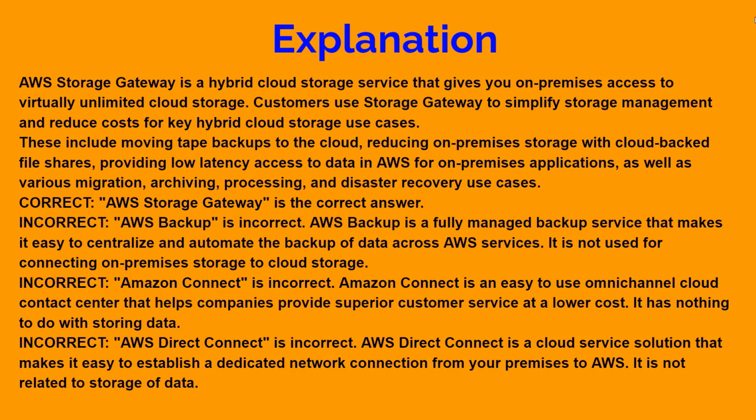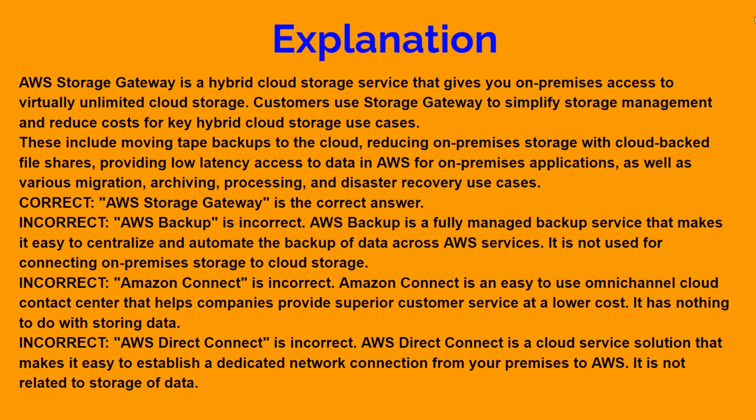Incorrect. AWS Backup is incorrect. AWS Backup is a fully managed backup service that makes it easy to centralize and automate the backup of data across AWS services. It is not used for connecting on-premises storage to cloud storage. Incorrect. Amazon Connect is incorrect.